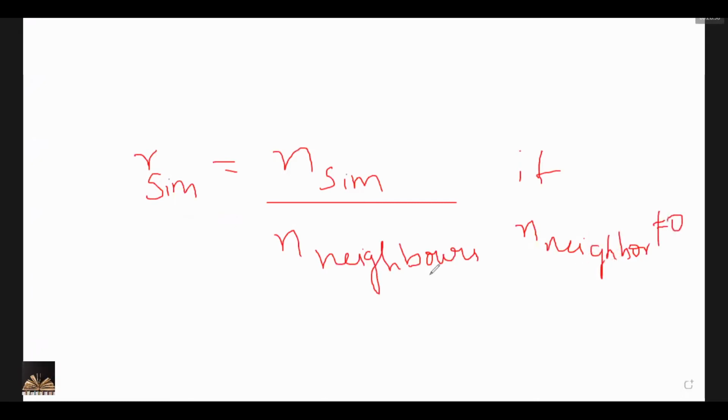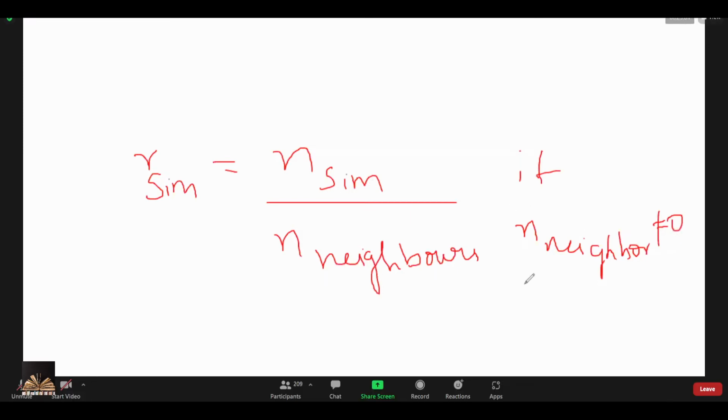Okay. R similar is equal to N similar by N neighbors if N neighbors is not equal to 0.